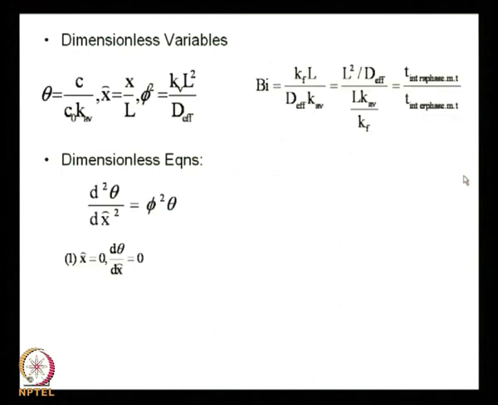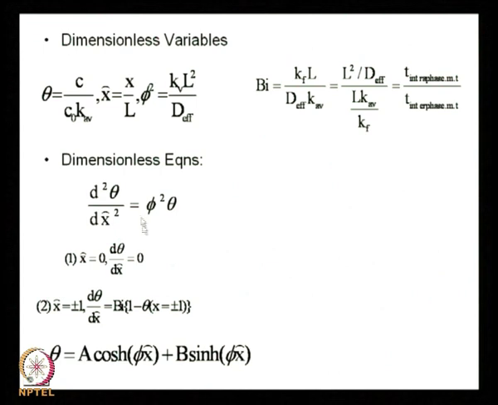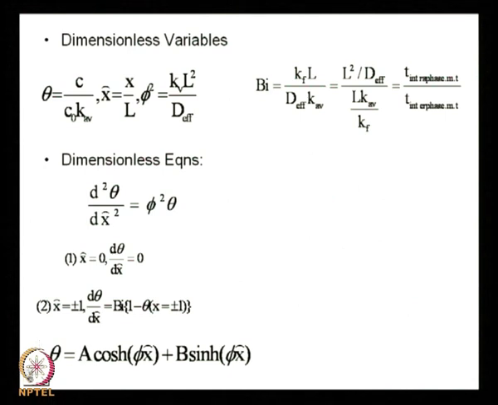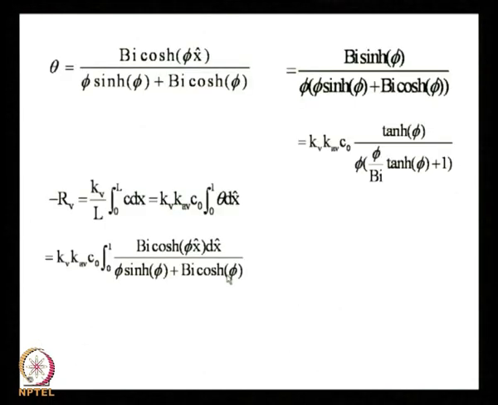Then we ended up with an equation like this, d squared theta by dx squared equals phi squared theta, phi being the Thiele modulus, and the boundary conditions. The boundary conditions included the Biot number, which is the ratio of external mass transfer to internal mass transfer. Based on that we got the solution and we found the effectiveness factor.